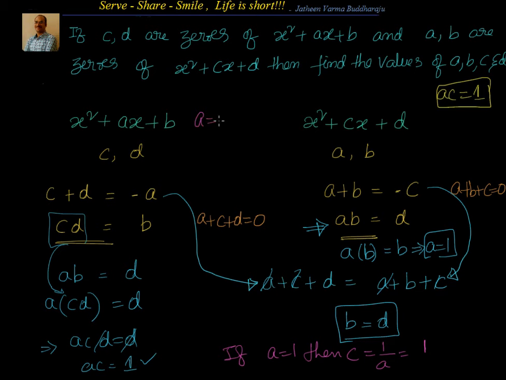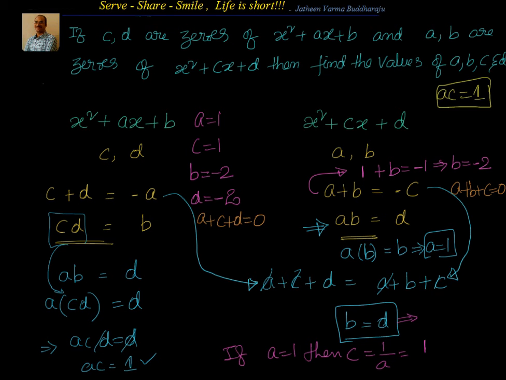So we got a equal to 1, we got c equal to 1. Now the next equation we will use is a plus b equal to minus c. So I know a is 1, 1 plus b equal to minus 1, that will give me b equal to minus 2. But I also know b equal to d, therefore I can write d equal to minus 2.